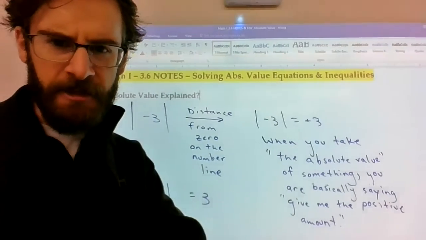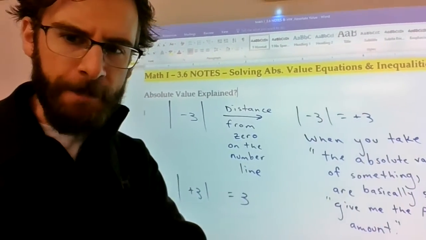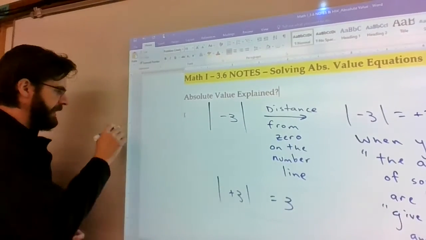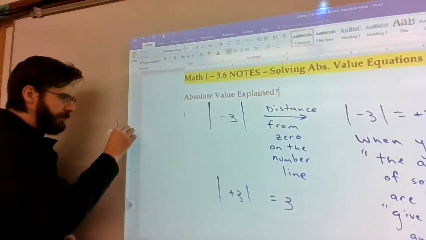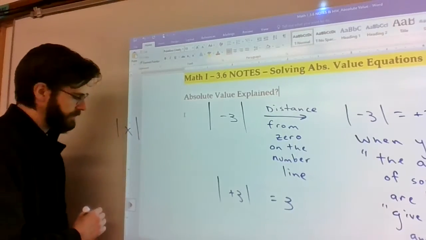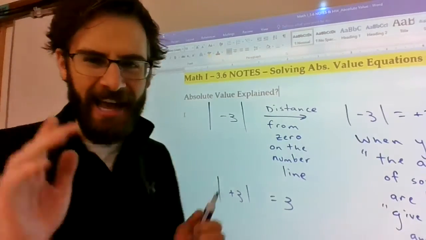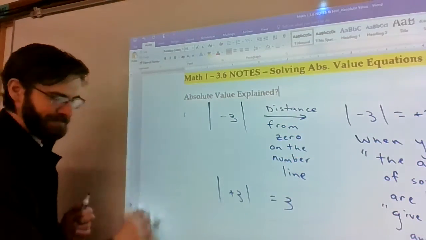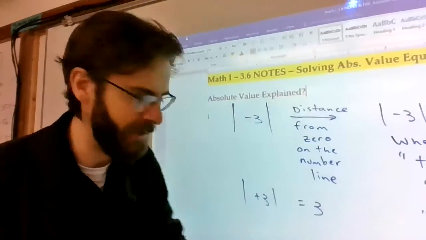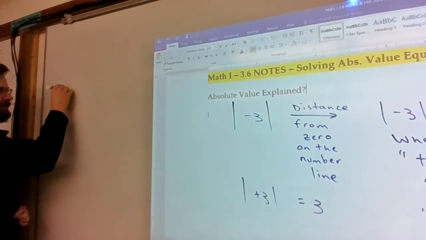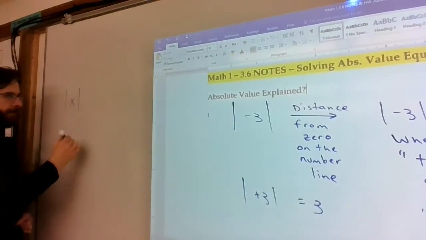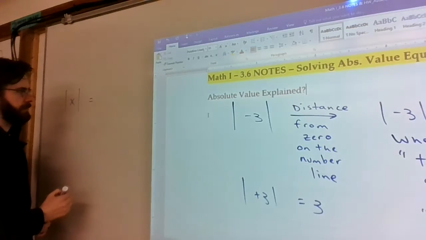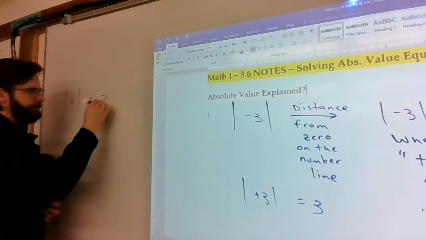So what happens when we take the absolute value of x and we say it equals 7?